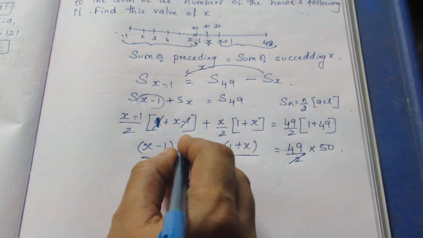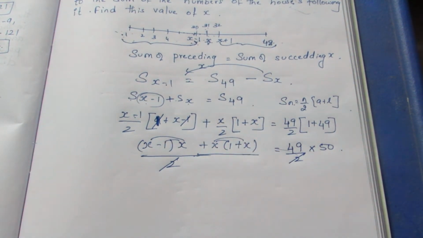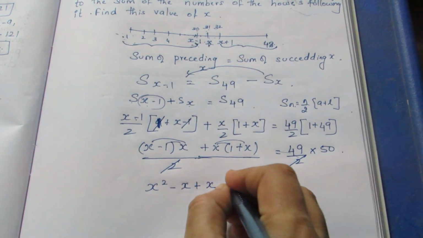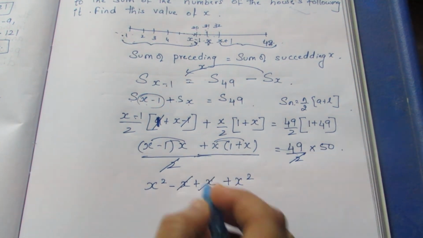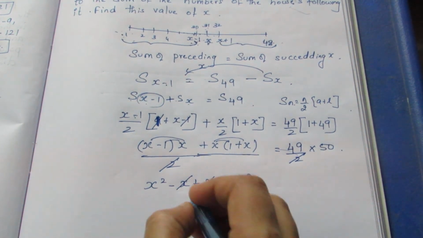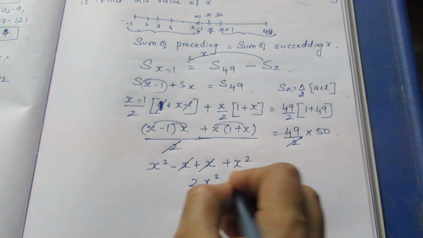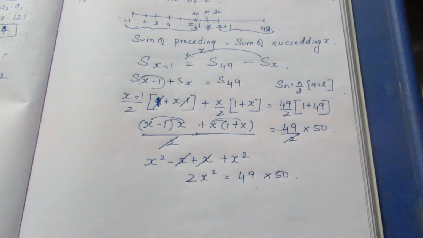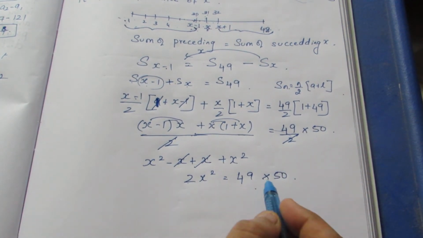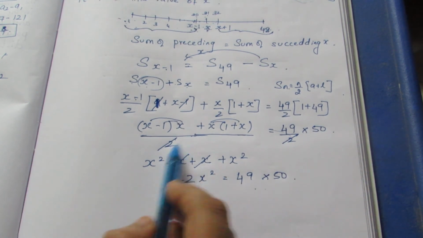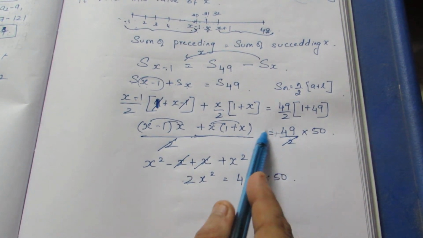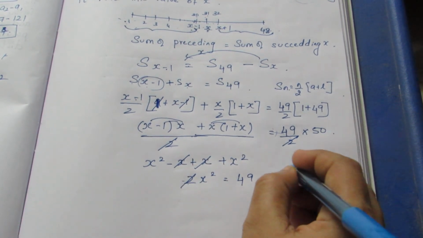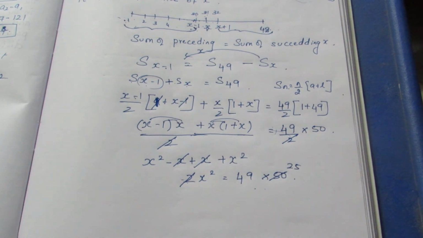Now multiply x inside. It becomes x square minus x plus x square. Plus x and minus x get cancelled. Here it becomes 2x square equal to 49 into 50. Bringing 2 to the denominator, we can cancel it.